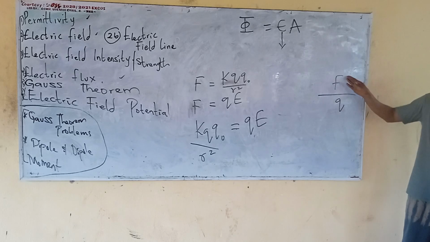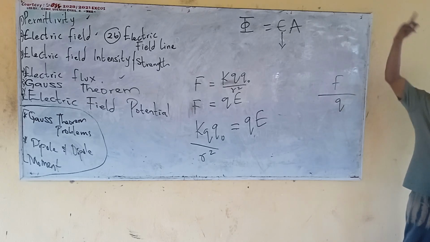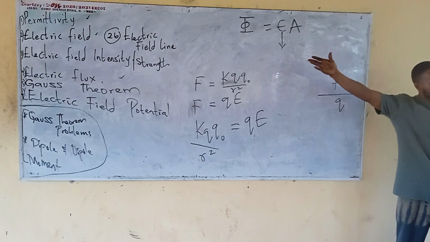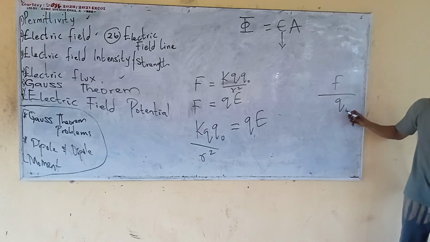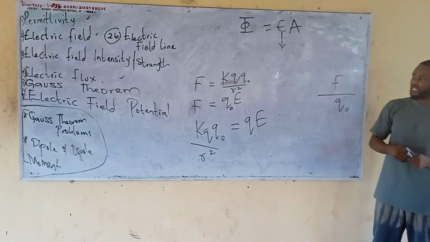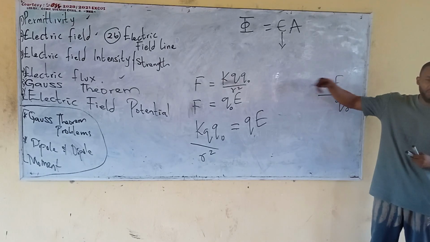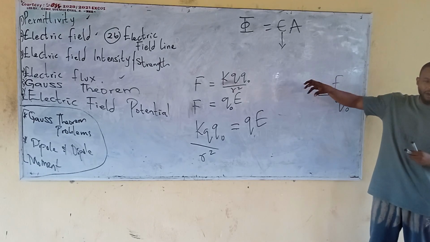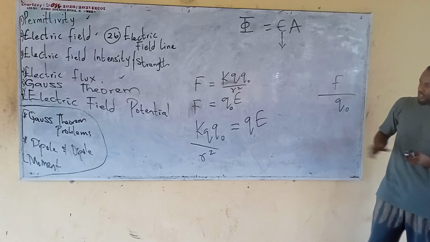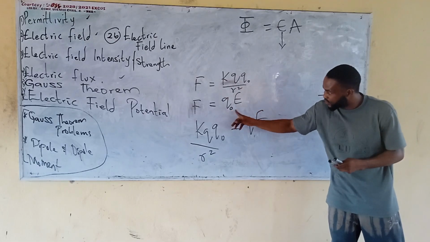If there is a charge that force is acting on, what of the charge that created that field? That one is the source now. The one force is acting on is this one. It's important to know these things, because when questions are asked, it is what will help you to know what you are solving. So this Q here is a test charge.